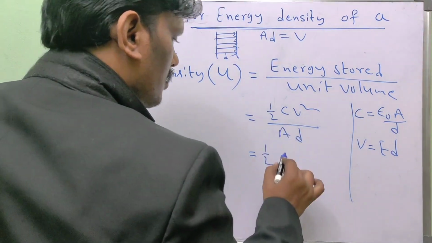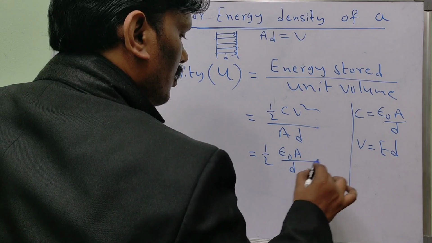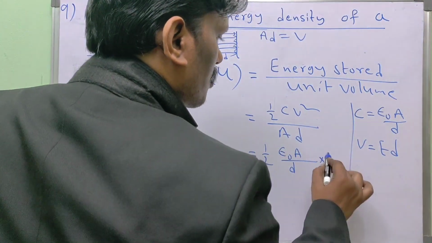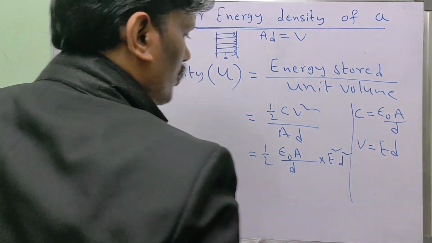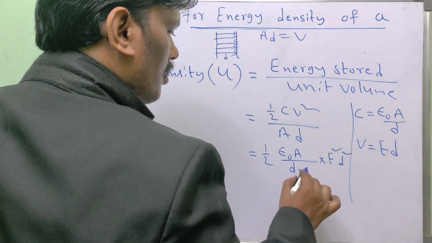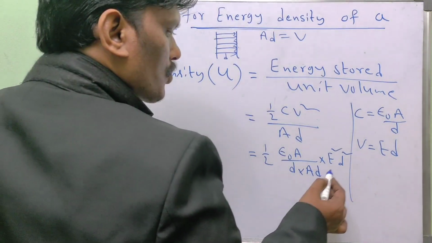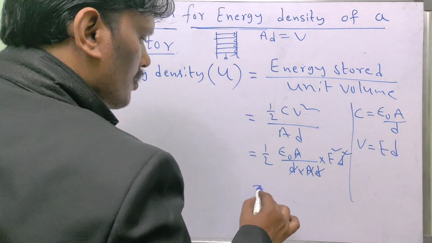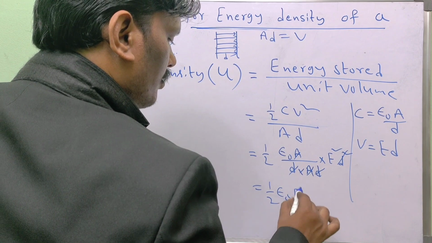Half into C, which is epsilon naught A by D, into V square. V means ED, so V square means E square D square, upon AD in the denominator. So D and D square get cancelled, A cancels. Then what remains? Half epsilon naught E square.